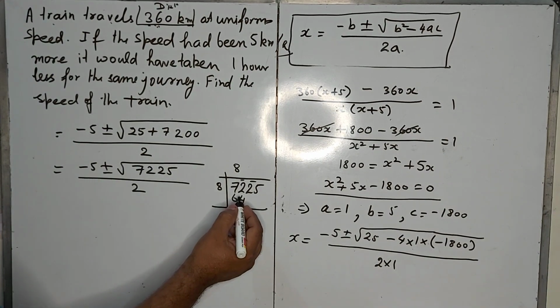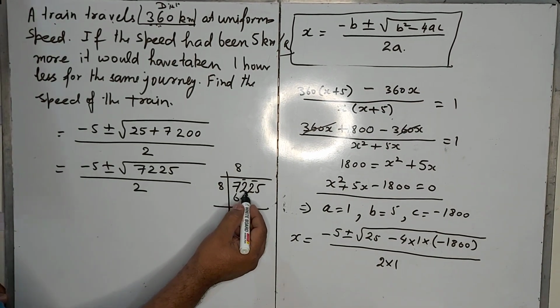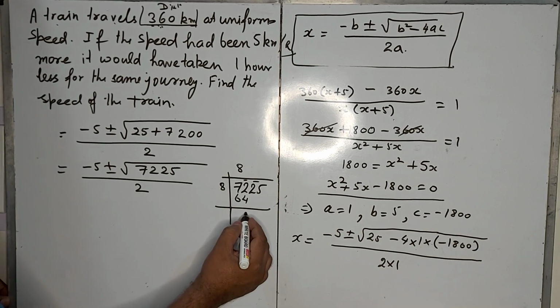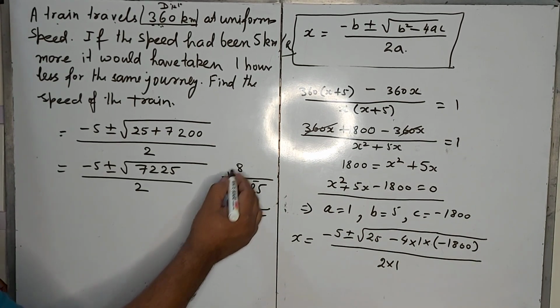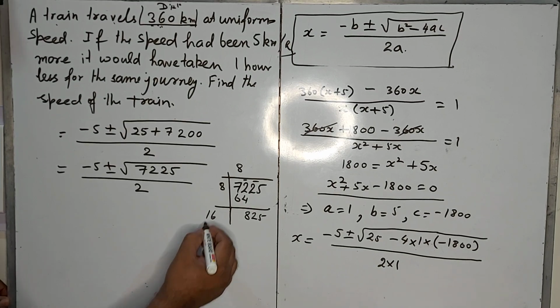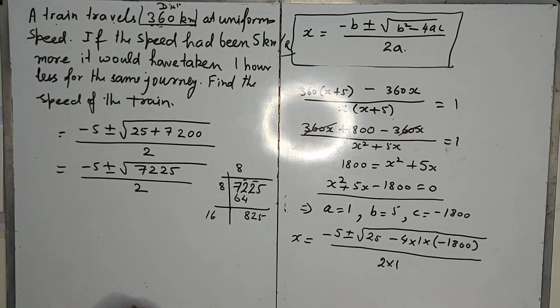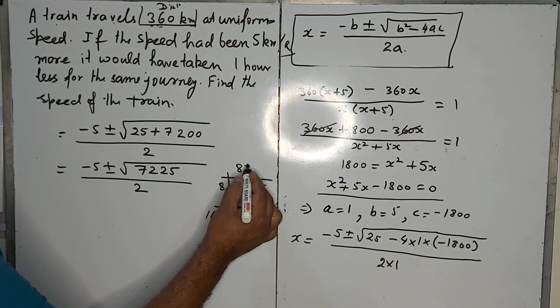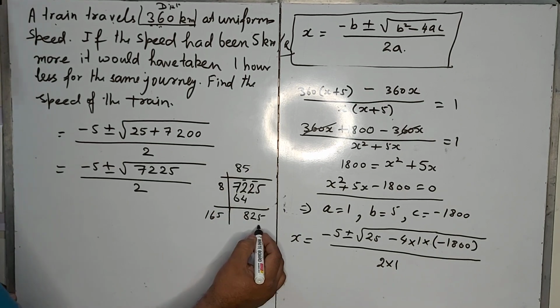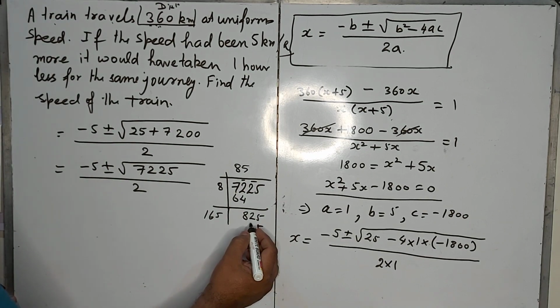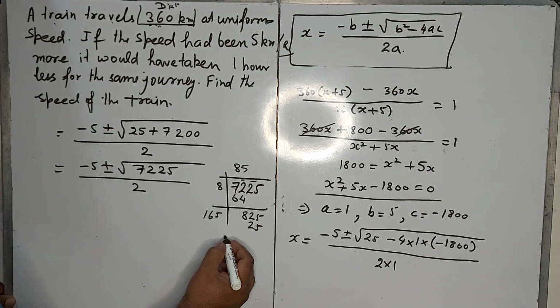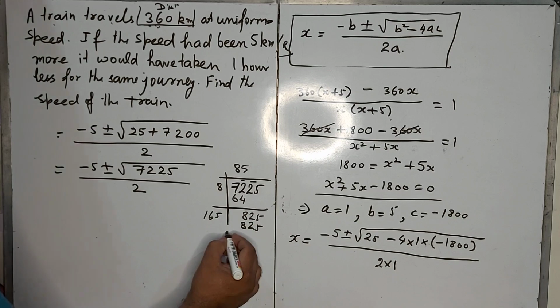Now, what is the remainder? 72 minus 64 is 8. Copy the next pair. Double it. 5 times 5 is 25. 5 6s are 30 plus 2 is 32. 5 1s are 5.